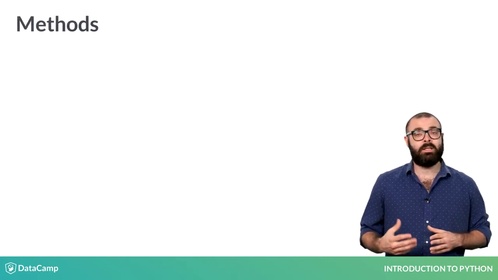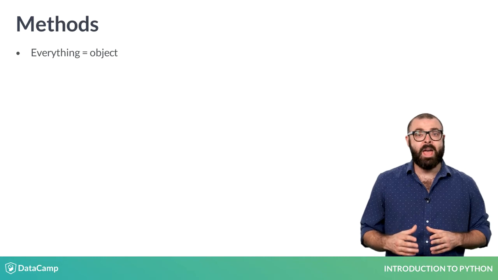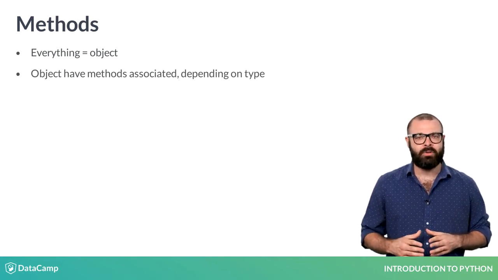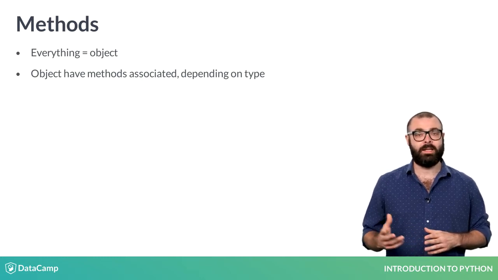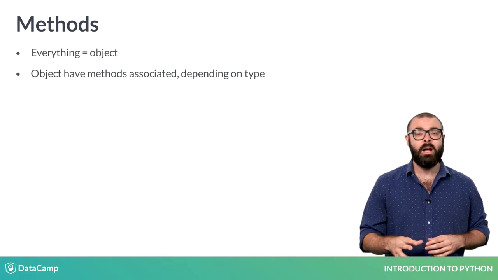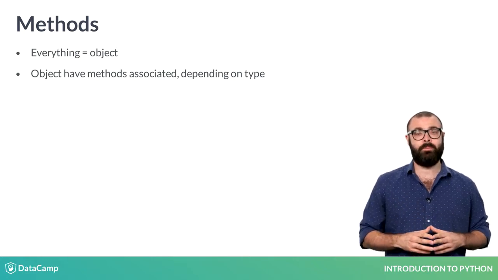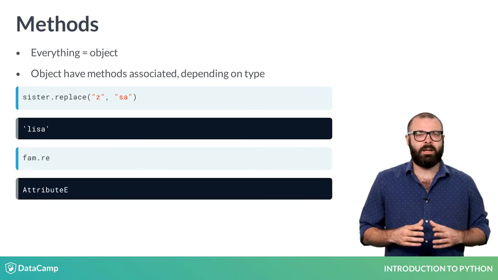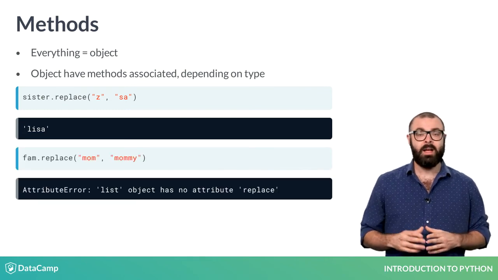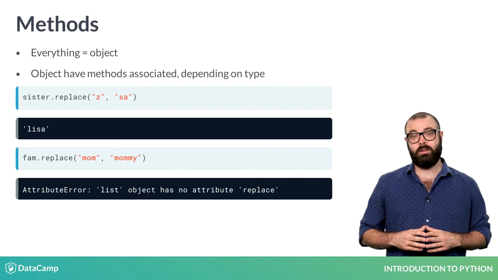To be absolutely clear, in Python, everything is an object, and each object has specific methods associated. Depending on the type of the object, list, string, float, whatever, the available methods are different. A string object like sister has a replace method, but a list like fam doesn't have this, as you can see from this error.